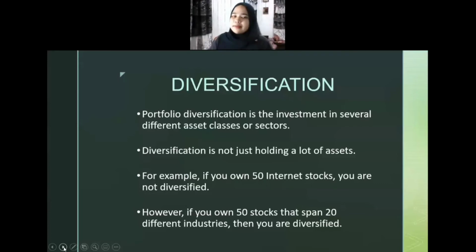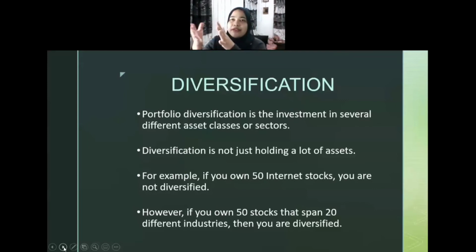Okay, contohnya macam yang ni, you own 50 stock, macam you hold 50 stock yang you invest dalam macam-macam industri. Maksudnya macam dalam industri teknologi, then you invest dalam industri education, industri agriculture, industri airline, industri retail, kan.